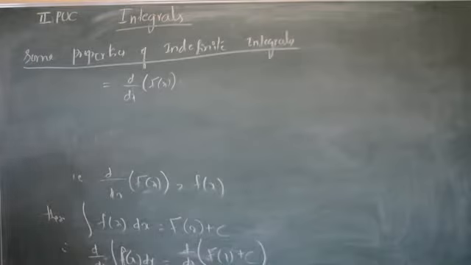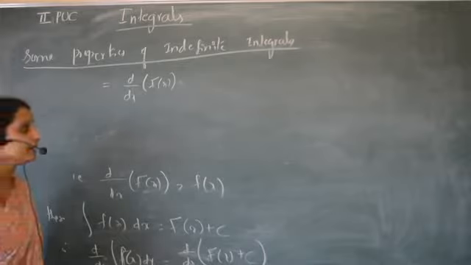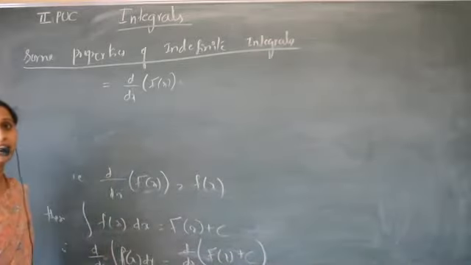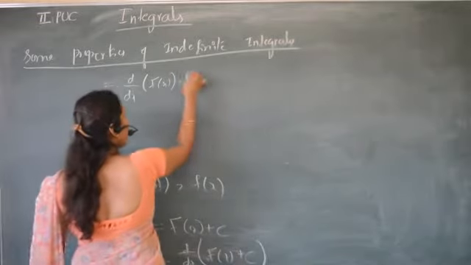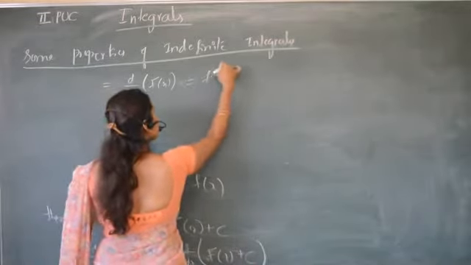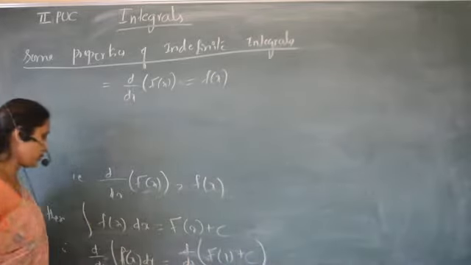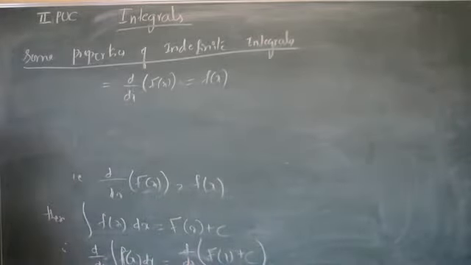Already we have considered F to be the antiderivative, so the derivative of F of x is f of x. Therefore, this will be equal to f of x. So what is the conclusion?